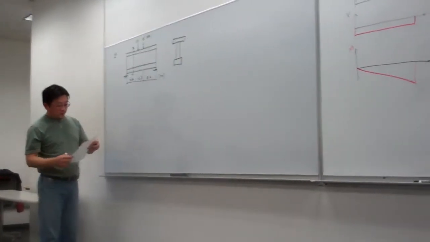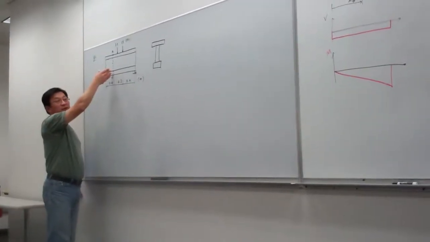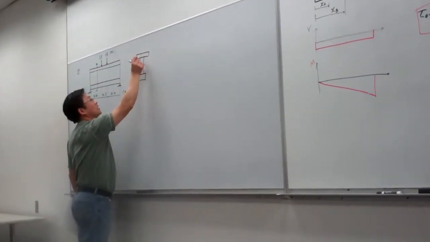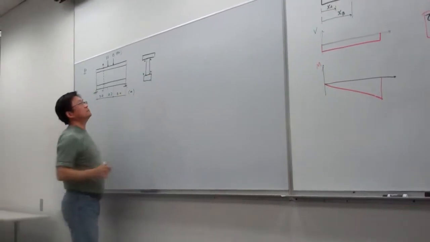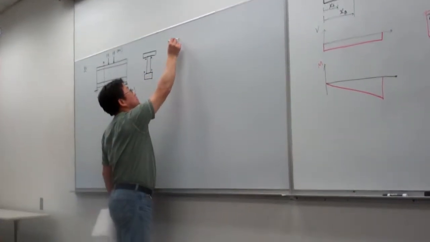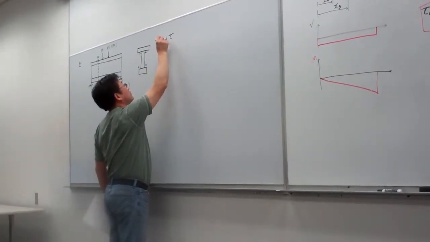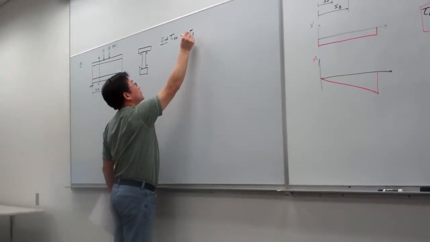For this case, on section NN, we want to calculate the shear stress along AA and along BB. So the question is to find the shear stress along AA and the shear stress along BB.